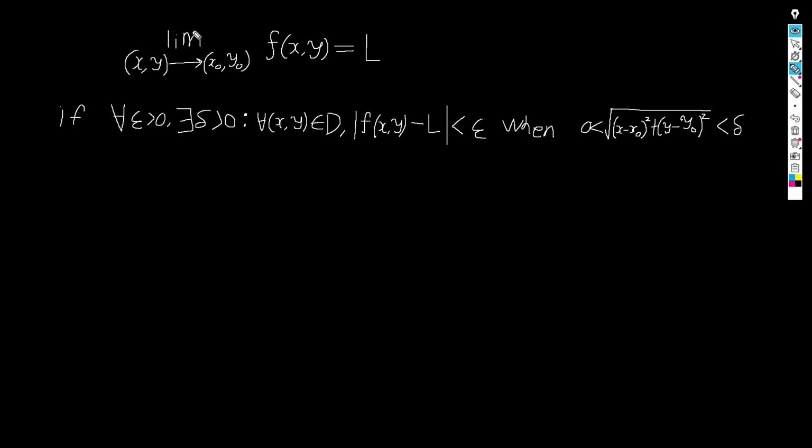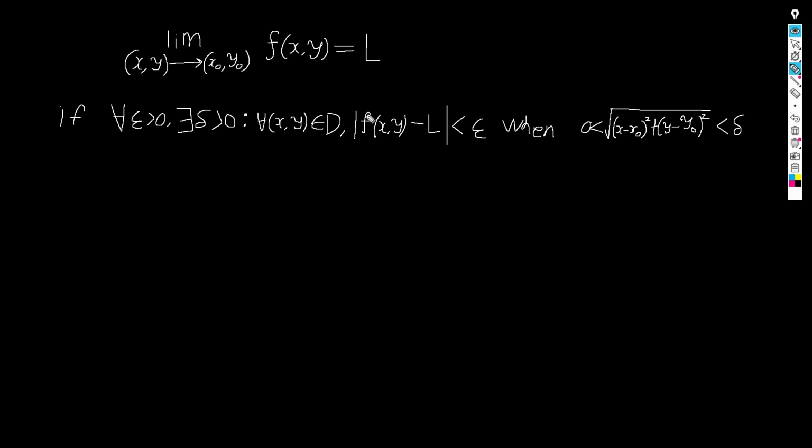This is saying the limit as x, y approaches x0, y0 of f of x, y is L, or the limit exists, if for all numbers epsilon greater than 0, there exists a delta such that for all points in the domain, the absolute value of f of x, y minus the limit is less than epsilon when this root right here is less than delta.